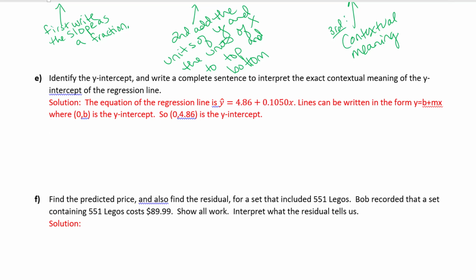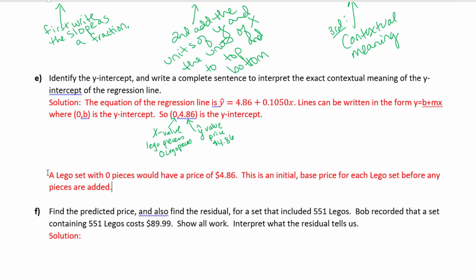To interpret this point in context, I will make sure I understand the meaning of the 0 and the meaning of the 4.86, and then I'll put them together. The 0 is the x value, and the 4.86 is the y hat value. The x value in this case represents Lego pieces, and the y hat value represents the price. So we're saying 0 Lego pieces and $4.86 price.